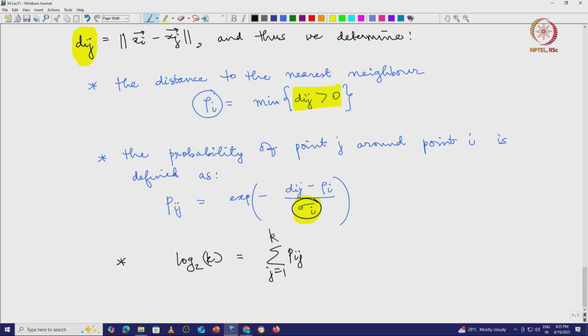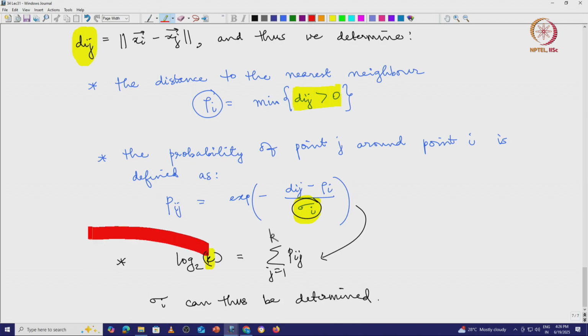So this essentially is an equation for solving for sigma I. So sigma I can thus be determined by some kind of search or optimization algorithm, and like I said, this k is the effective number of neighbors.